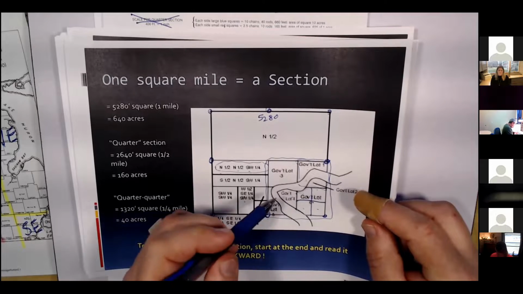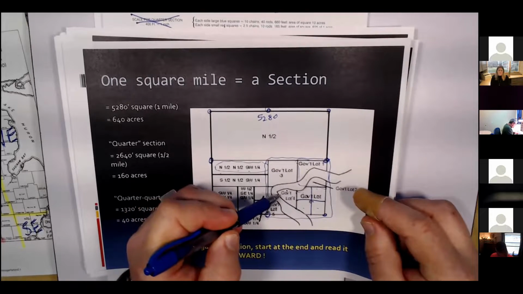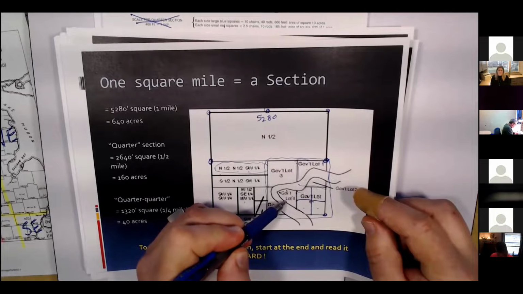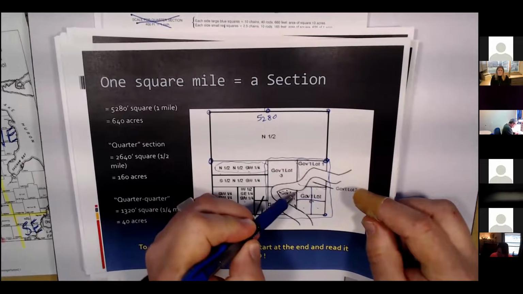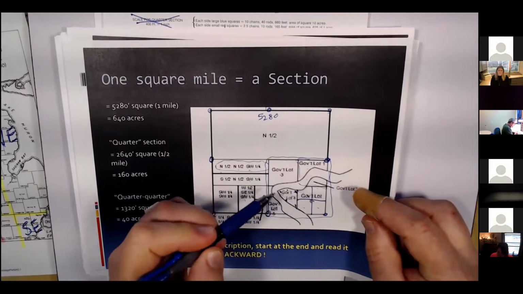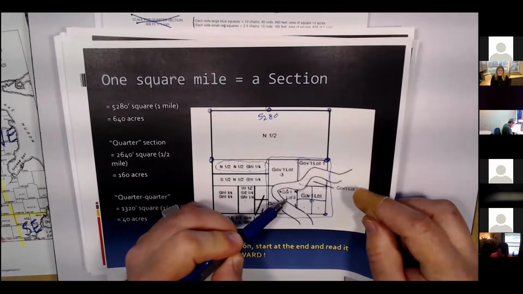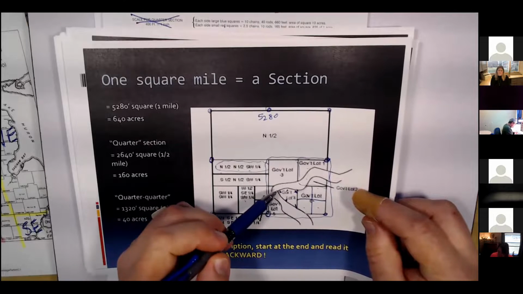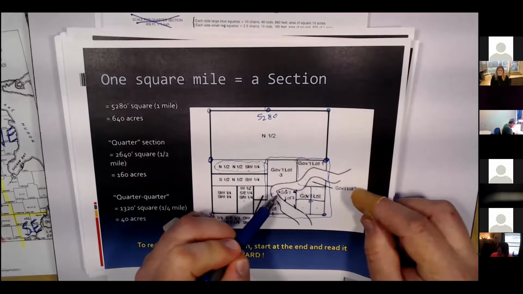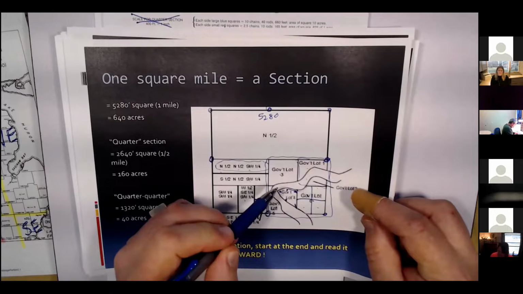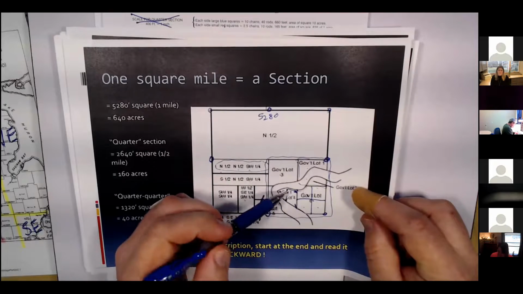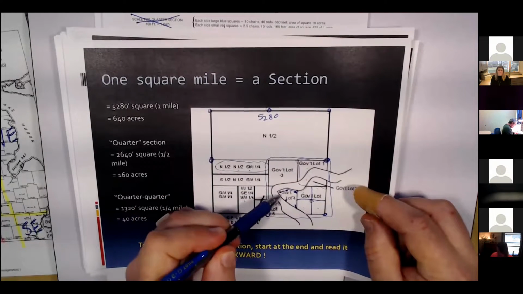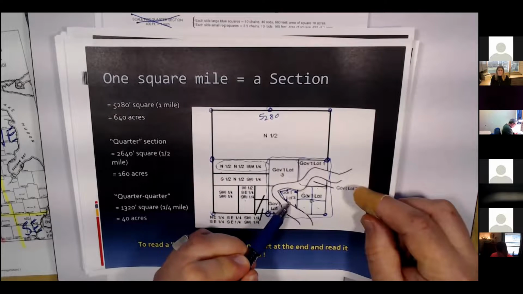Those are called meander points or meander lines. And those are going to be a point that they know that they could get to and set a survey marker on solid land that they knew is never going to be submerged. And then between those points, they would draw a line, which again is not necessarily the edge of the water, but they would draw a line and they would call it the meander line.